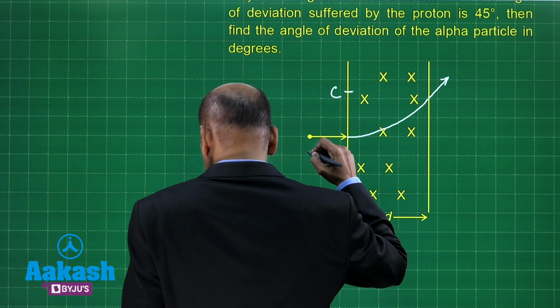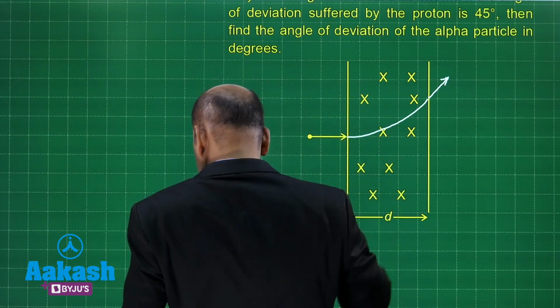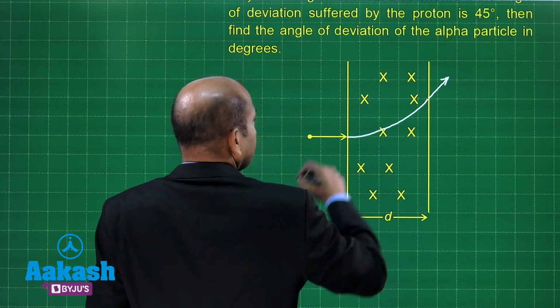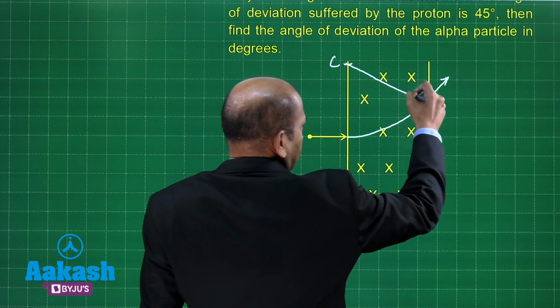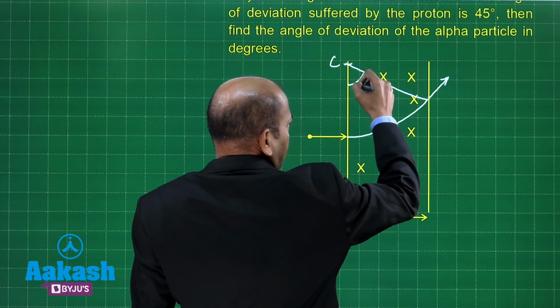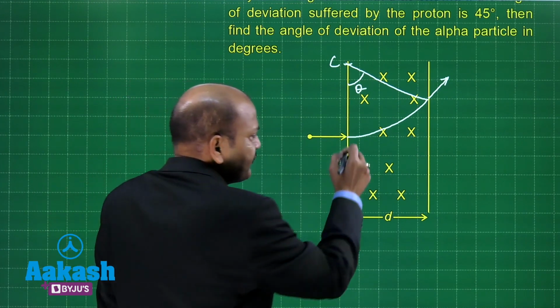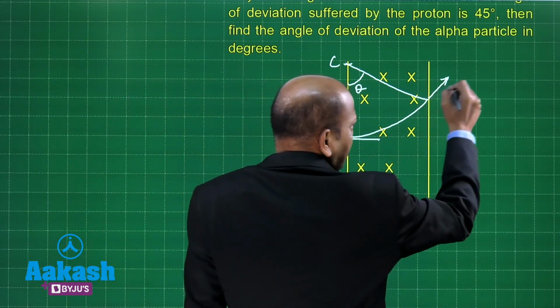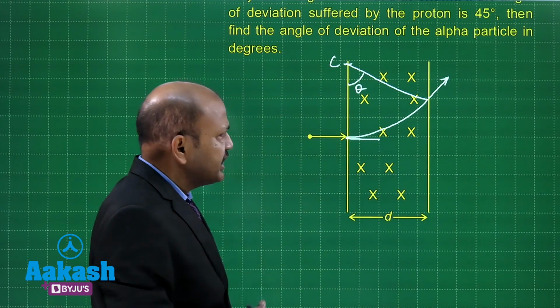Instead of keeping C here, let us put C somewhere here, the center of curvature, and this angle is effectively the angle of deviation. How? Initial velocity was directed like this, final velocity is directed like this, the speed is not going to change, the direction only is changing.